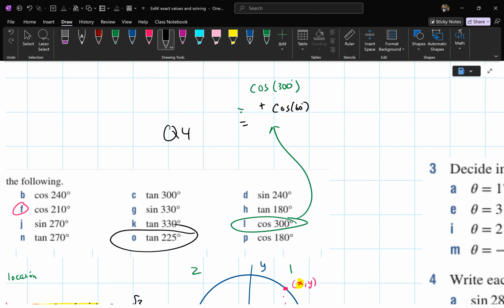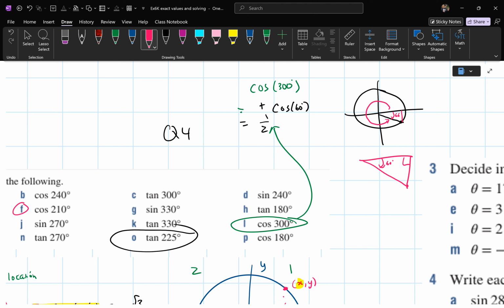Yep. 1/2. So draw the picture, if it helps. Quadrant 4, 300 degrees. That means this must be 60 degrees. So you got a triangle, reference angle of 60 degrees. And we can always draw that same triangle up here.